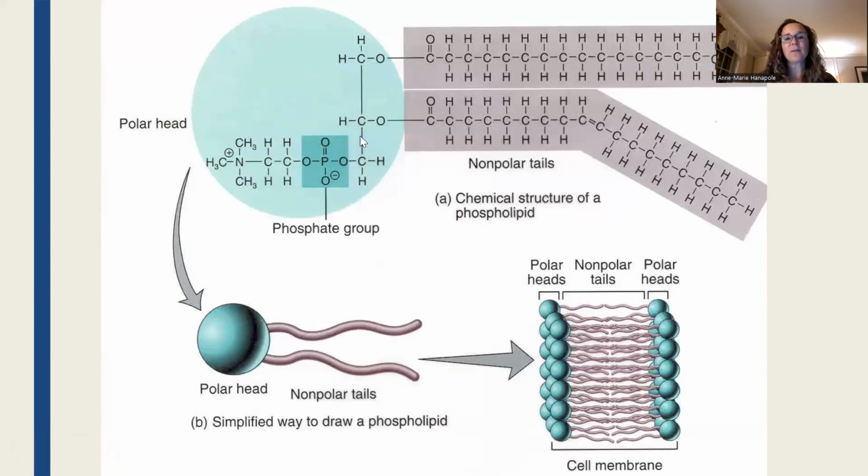So here's another diagram. It's now turned to the side, but you can see your glycerol molecule here, 2 fatty acid chains, and then a phosphate group over here. Again, you can see those charges on that phosphate group. And when we get to cell membranes, we'll come back to phospholipids again because they make up an integral part of the cell membrane.